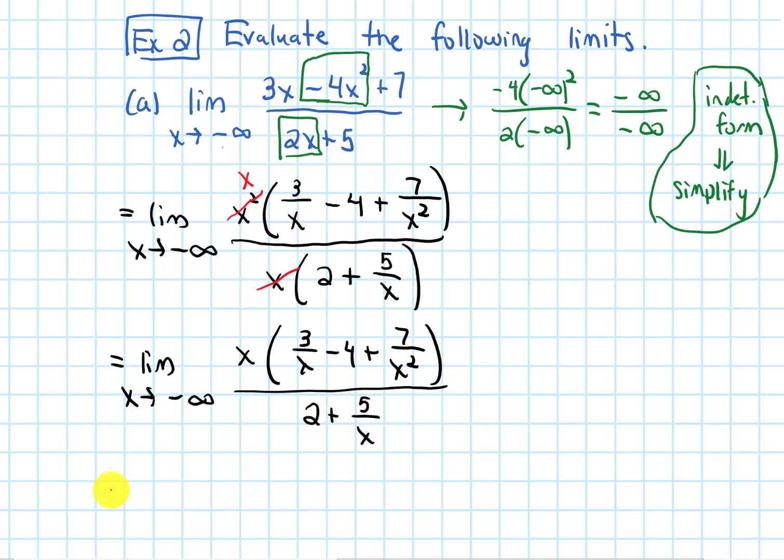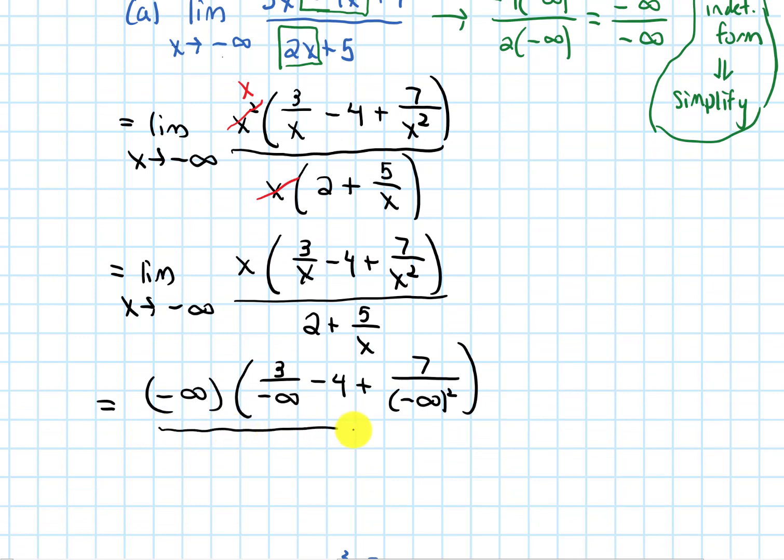Now we're going to try to plug in. x gives me negative infinity. And then I'll get 3 over negative infinity, minus 4 plus 7 over negative infinity squared, over 2 plus 5 over negative infinity.